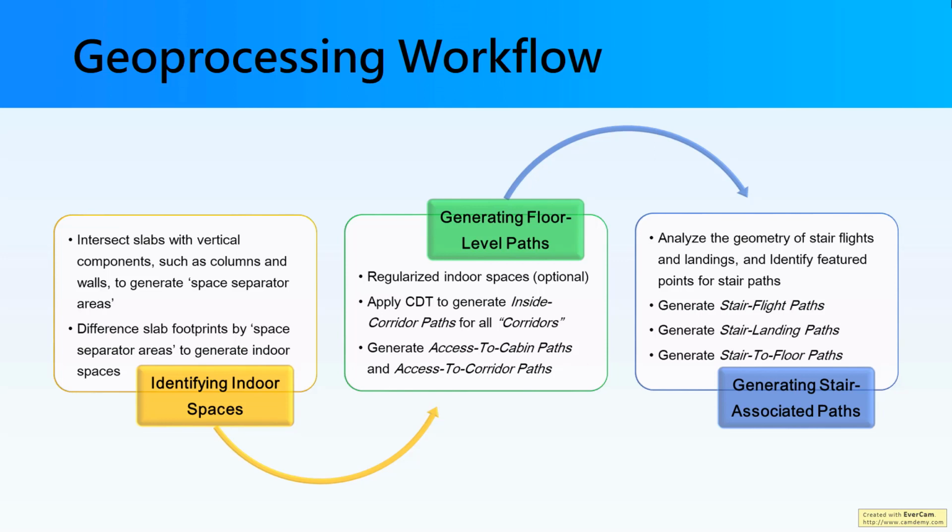It has to be in a standard format called IFC. There are 3 steps in the entire geoprocessing workflow: identifying indoor spaces, generating floor level paths, and generating non-floor level paths.